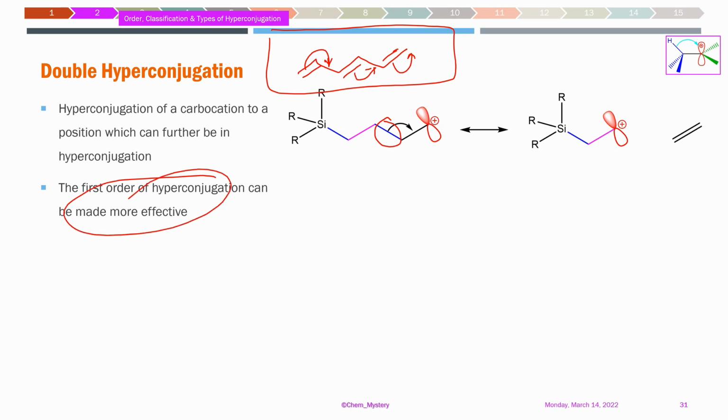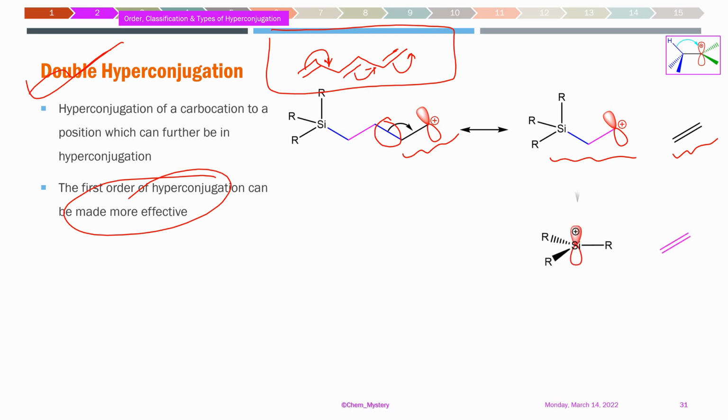can't we see a very good possibility of hyperconjugation, because silicon is there and the silicon-carbon bond can undergo hyperconjugation much more readily in comparison to another carbon-hydrogen bond. So this second hyperconjugation is kind of pushing this first hyperconjugation process.